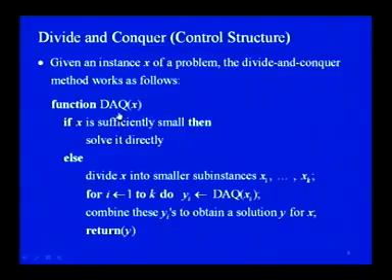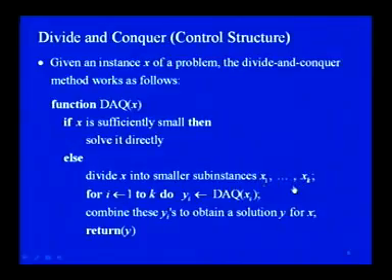Function divide and conquer: I am taking a problem, and if x is sufficiently small, then I am straight away solving it directly. Otherwise, I am trying to divide the problem x into smaller sub instances x1, x2 up to xk.